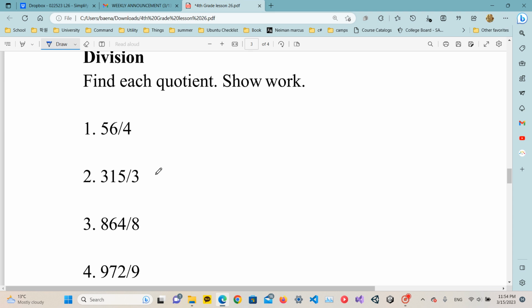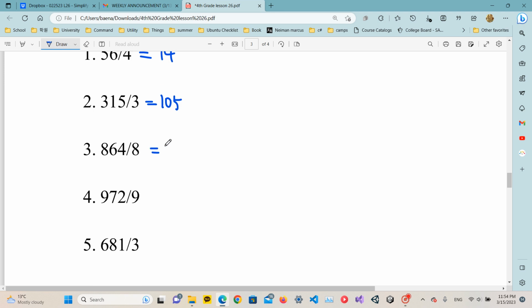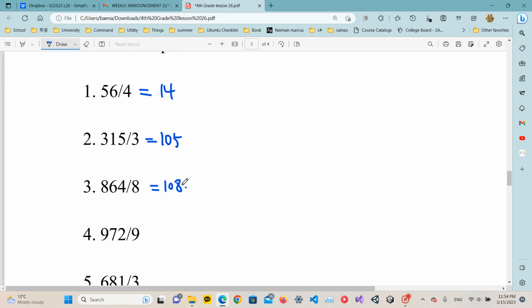The quotient should be pretty easy. And if you know your multiplication chart, then you should be able to just do it in your head. This will be 108. The reason is that when you divide by 8, you're literally just doing this inside your head.